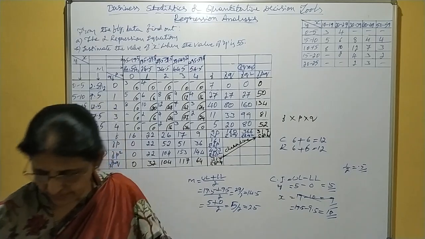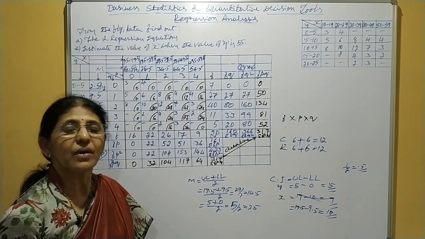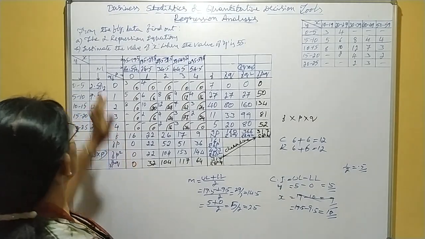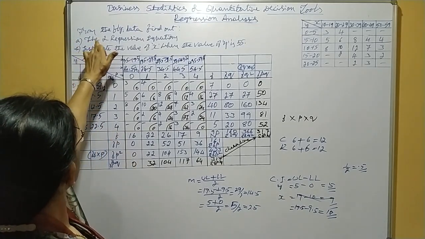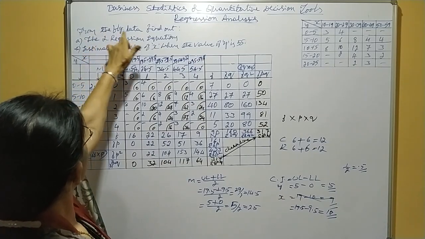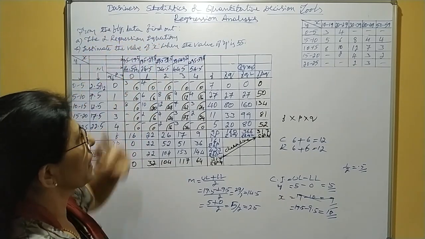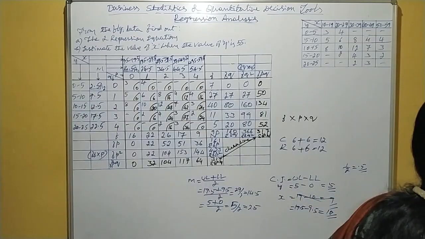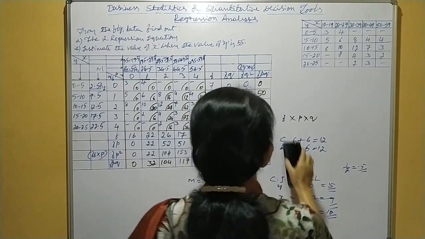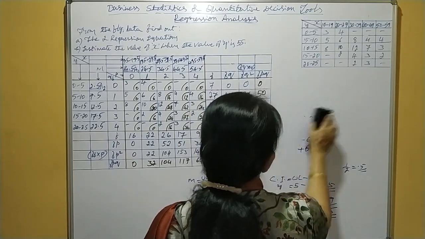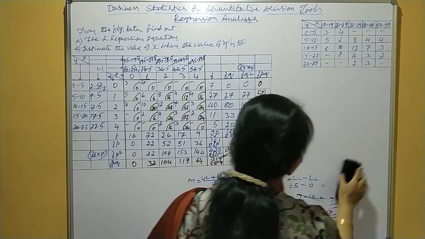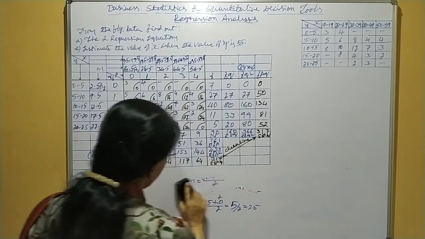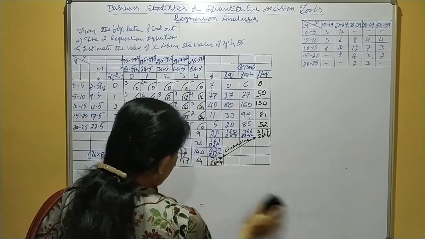Okay, now this table is the same as the correlation coefficient table, no difference in that. Here the questions are: the first one is, from the following data find out the two regression equations. To find out regression equations, here two regression equations means the same as we have come across under ungrouped data, and even when all the information is given, no change in those equations.